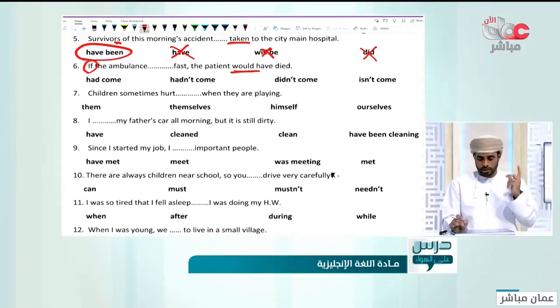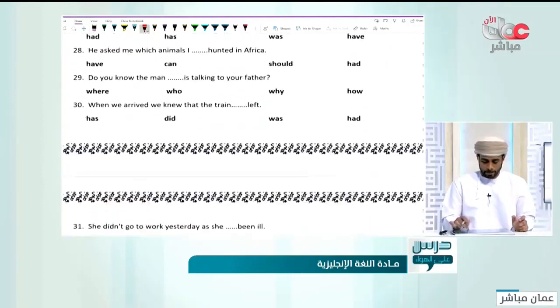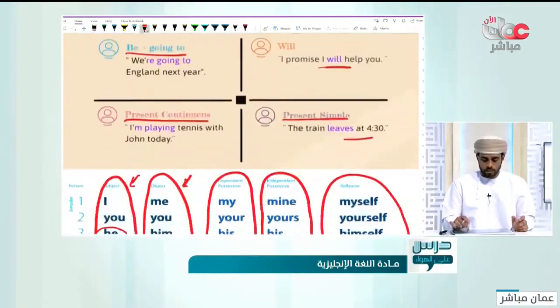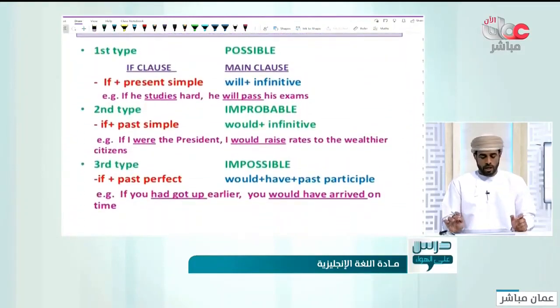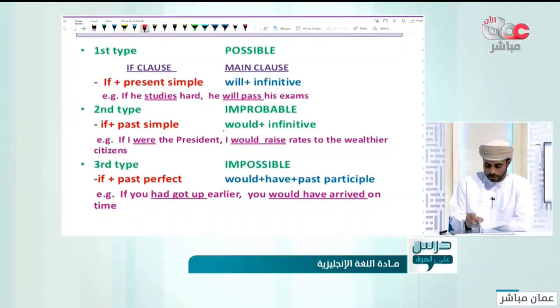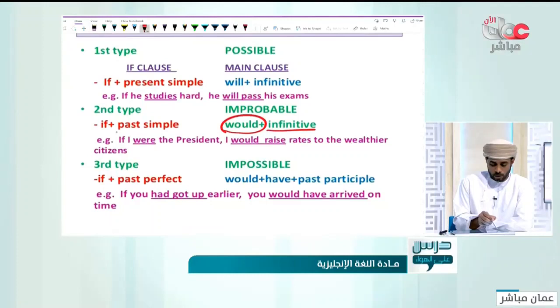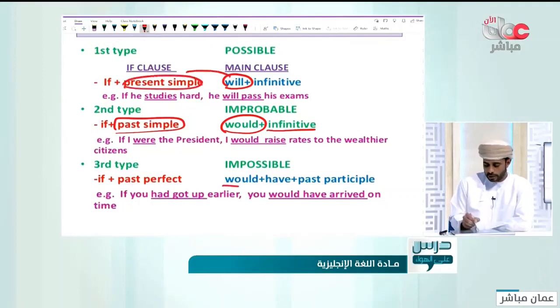Let's go back and see which clause we use that one. In here, we have the first conditional, second and third conditional. Would plus the infinitive is used with if and the past simple. Will is used with the present simple. Would plus have is used with what? With the past perfect.